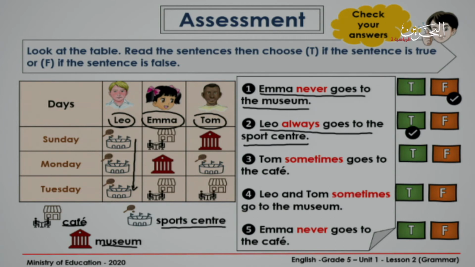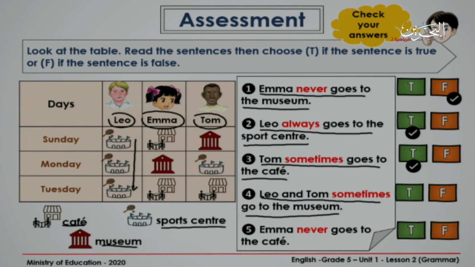Number 3. Tom sometimes goes to the cafe. Where's Tom? Look, he goes once. So, is it true or false? True. Very good. Number 4. Leo and Tom sometimes go to the museum. Leo and, look here, Leo and Tom.